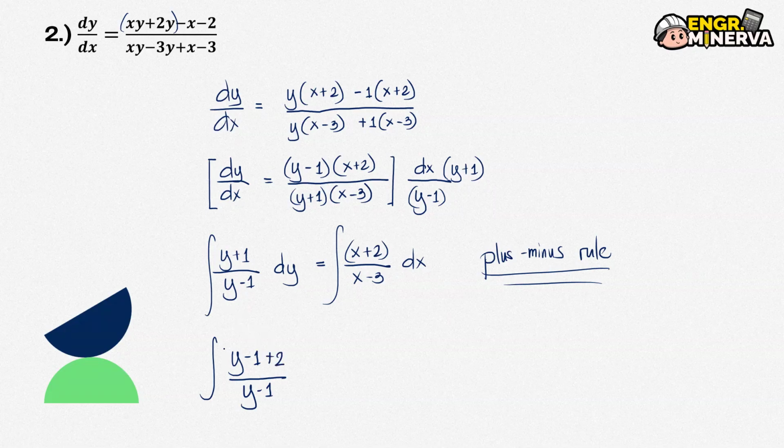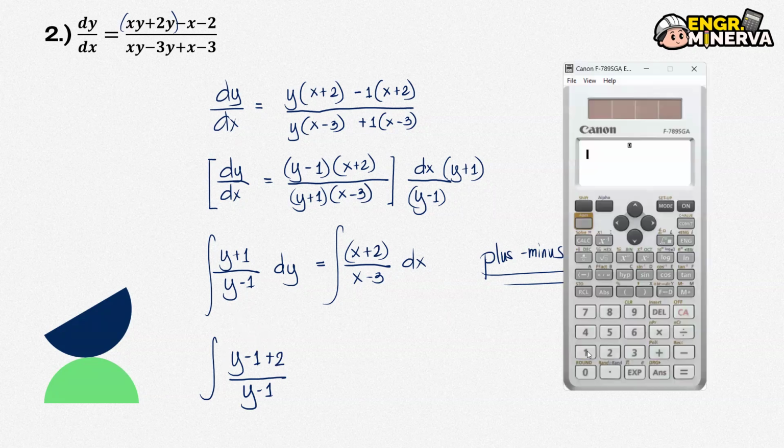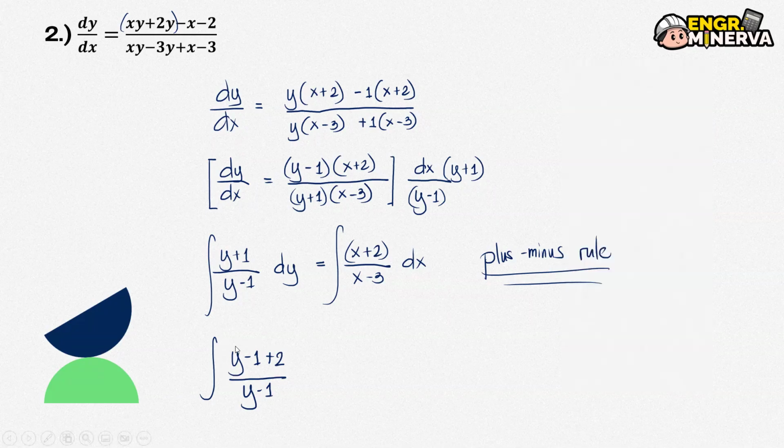Because again, you could just use your calculator here. Just have 1, then minus negative 1. That's plus 2. Or if you simplify the numerator, it will result into y plus 1.